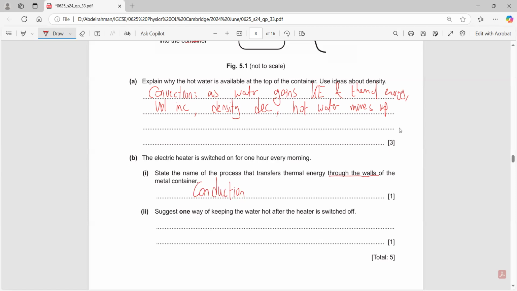State one way of keeping the water hot after switching the heater off. After I switch it off, how can I keep the water inside the container hot? Using an insulator. Coloring the surface shiny white would definitely help, but it's not the most effective way.